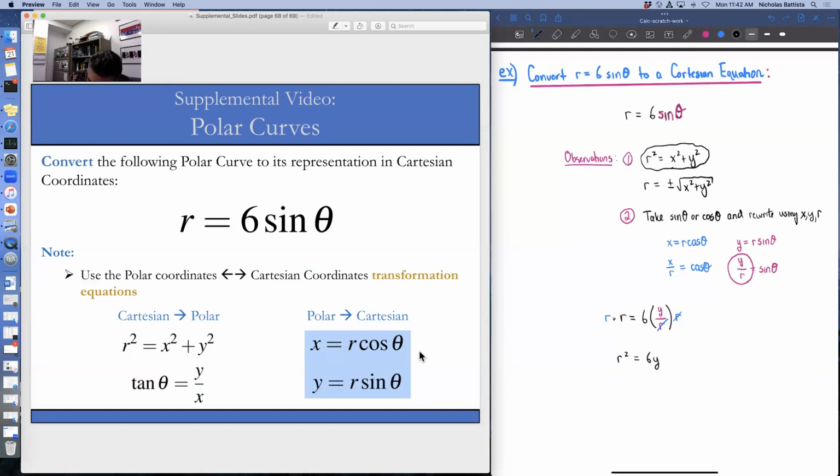So if we substitute that in, we get x squared plus y squared is equal to 6 times y. And well, at this stage, we've taken a curve in polar coordinates that has r's and thetas, and we've successfully converted it to an equation in Cartesian form because there's only x and y terms.